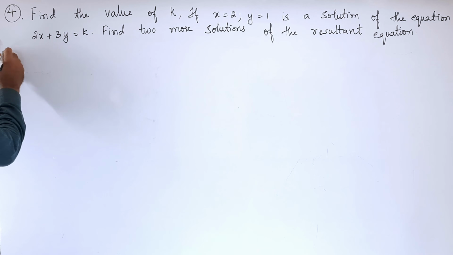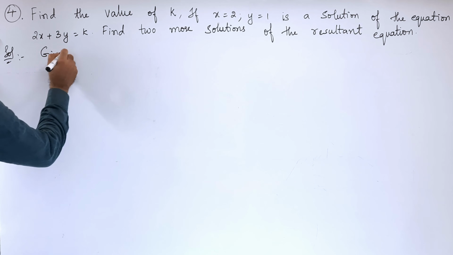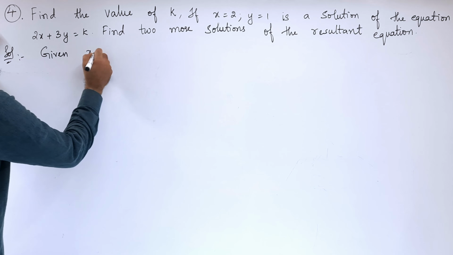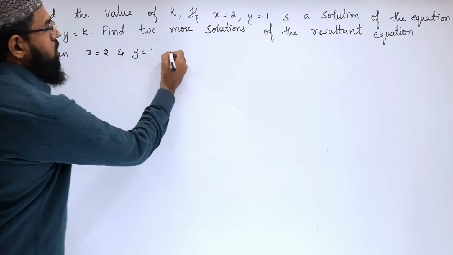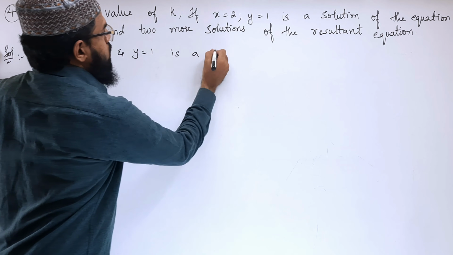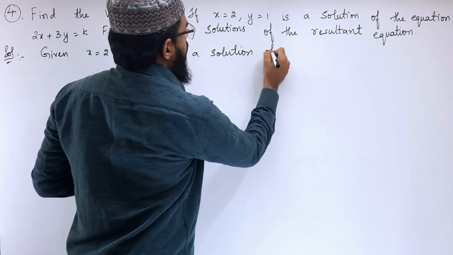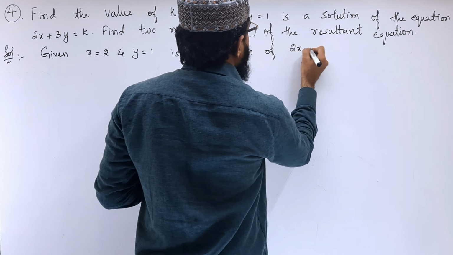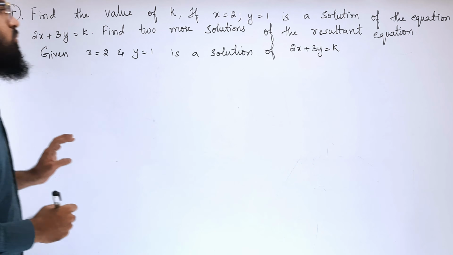So let us start. In solution, let us write. Given that x is equal to 2 and y is equal to 1 is a solution of 2x plus 3y is equal to k.